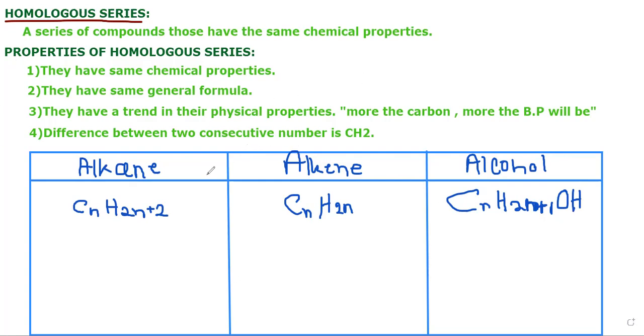The next thing we have is, let us write down some alkanes, for example CH4, methane, C2H6, ethane, C3H8, propane, C4H10, butane.